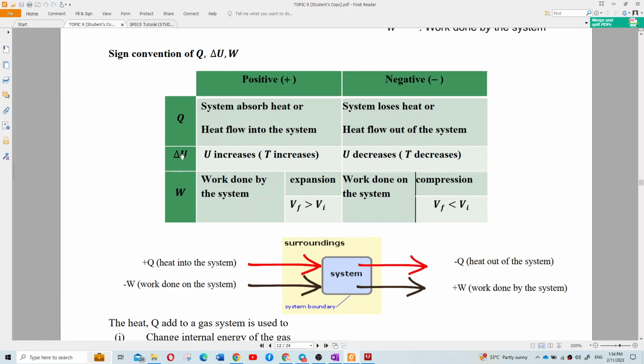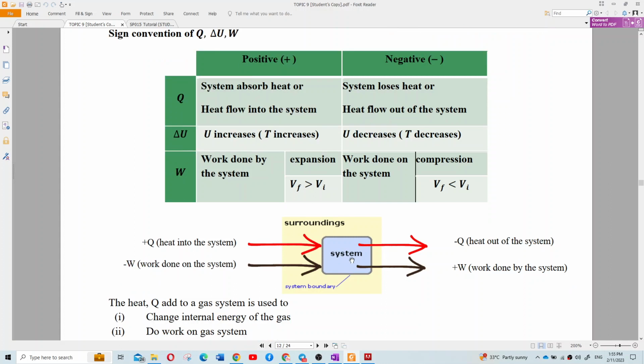Now the change of internal energy, delta U. Internal energy means the internal energy of the gas inside your room. If delta U is positive, that means the room becomes hotter. If the internal energy inside the room increases, the temperature increases. Imagine heat flows into the system, of course delta U becomes positive.